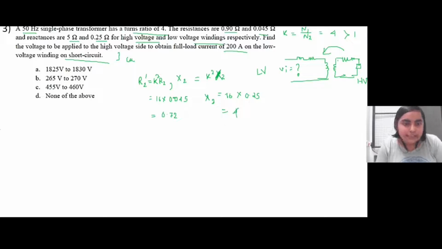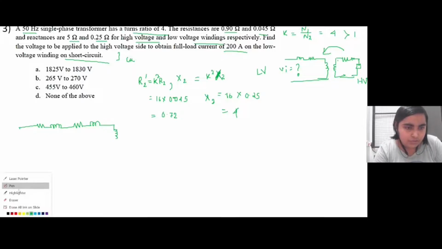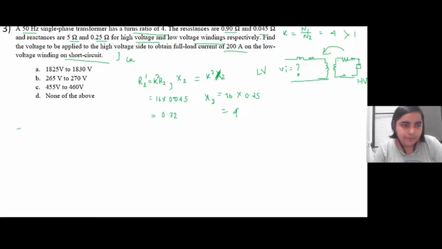So the new circuit will contain the primary resistance and reactance and the equivalent secondary resistance and reactance. So this will be the equivalent circuit neglecting the core losses.